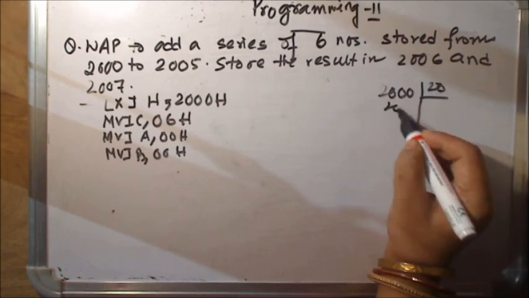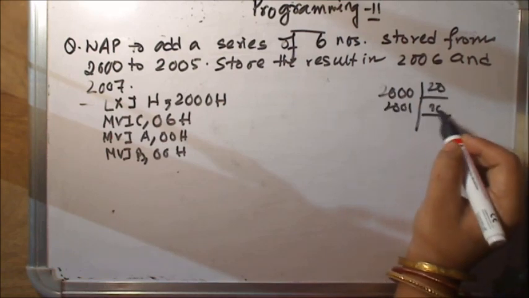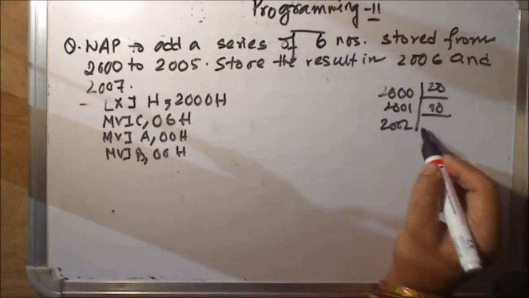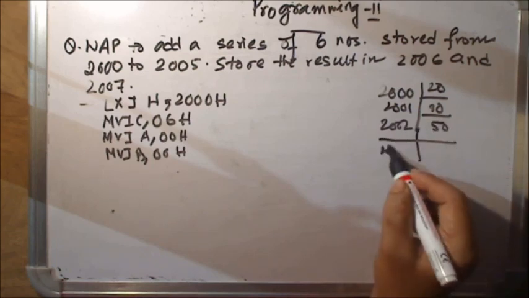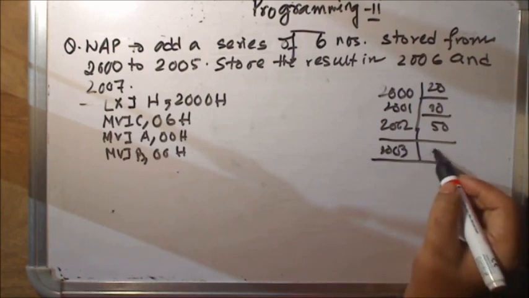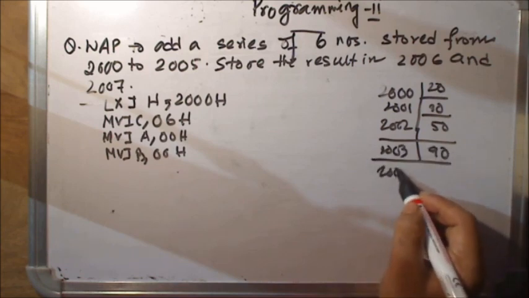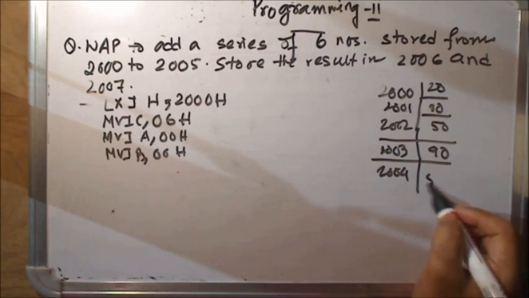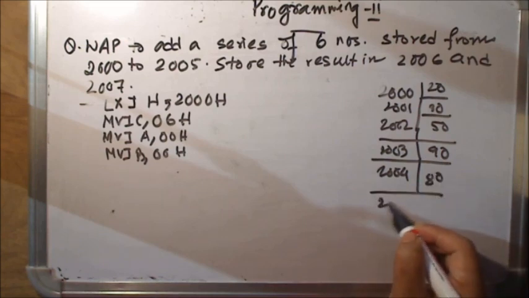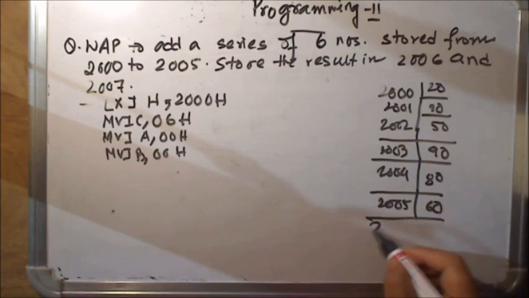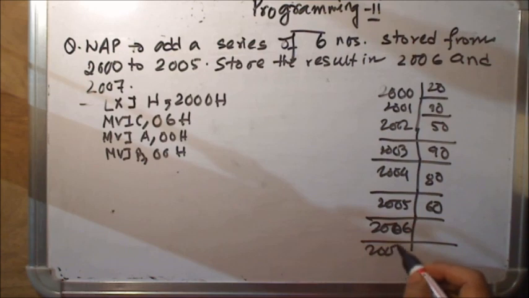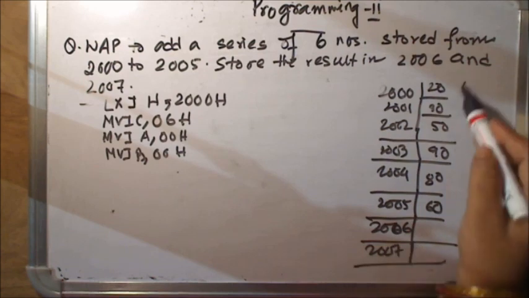In 2001, 30; in 2002 we had 50; in 2003 we had 90; in 2004 we had 80; in 2005 we had 60. Then in 2006 we have to store the sum, and in 2007 we have to store the carry.